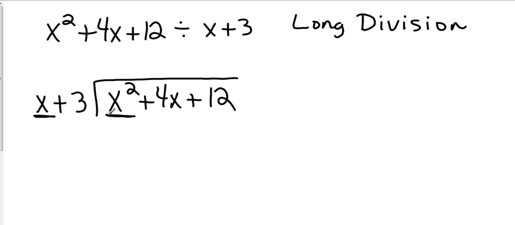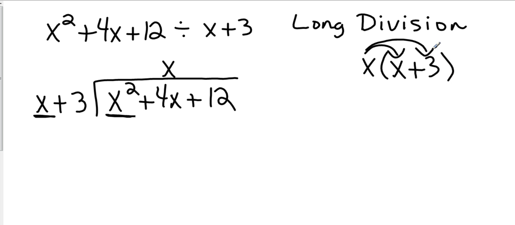Okay, well, I have an x squared column, I have an x column, and I have a number column. So I'm going to put that x in the x column, and let's watch what happens. We're going to do distributive property, x times x plus 3. So over here, I'm going to take x times x plus 3, distribute, and that's going to give me x squared plus 3x.